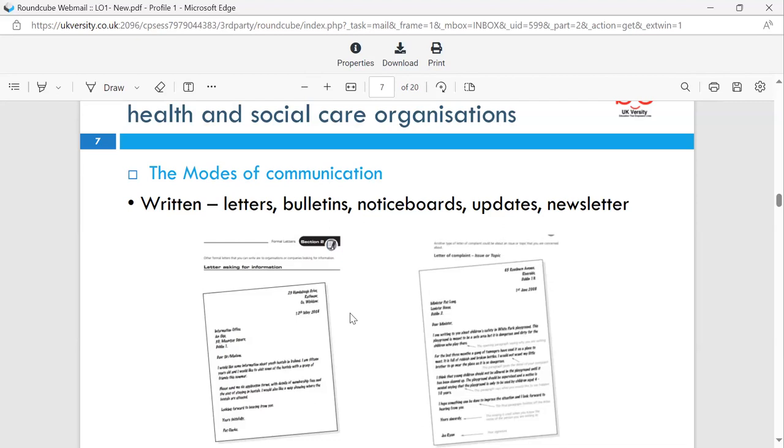Yeah, and it could be something on a bulletin or a notice board that's changed. It could be any sort of new information. It's a public notice announcing any sort of things that are going on. It could be on a radio, television, or in the form of news updates and newsletters.